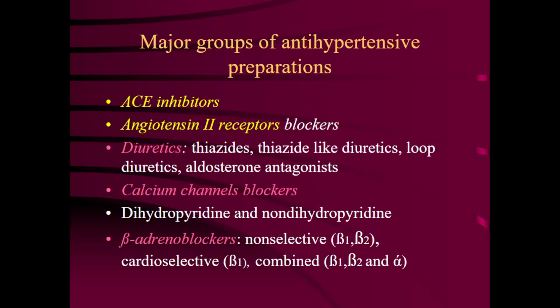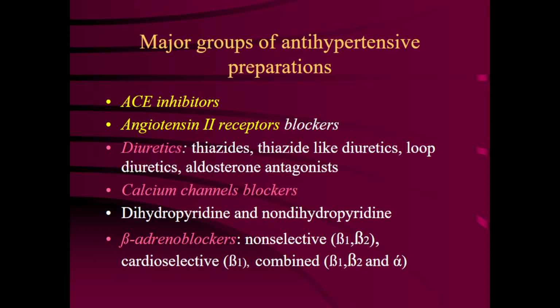Major groups of antihypertensive preparations. I think that it's very clear for everybody because you are advanced students, 6-year students. The first group you can say is ACE inhibitors. This group is of great importance.